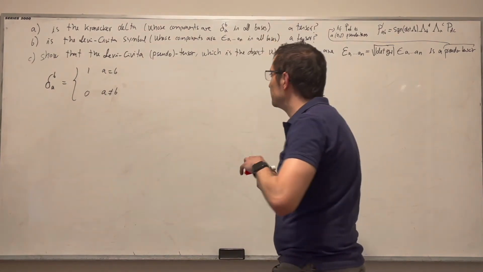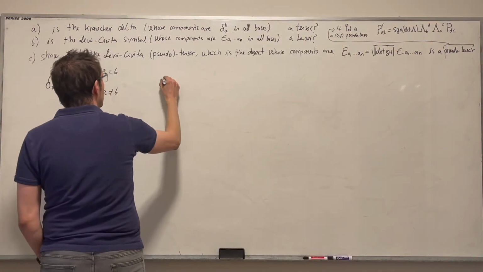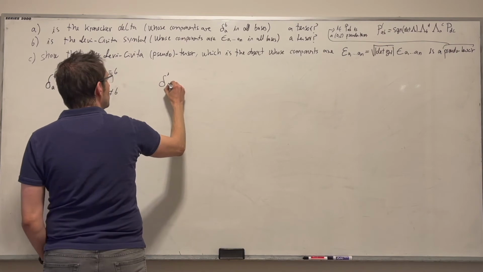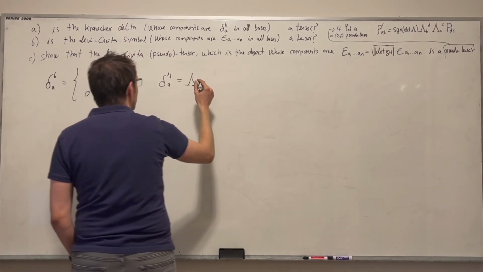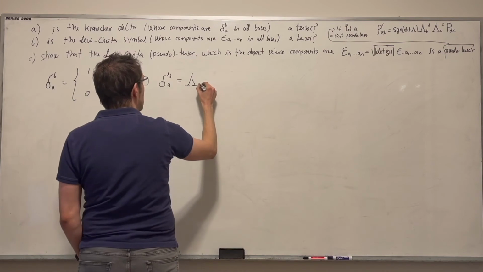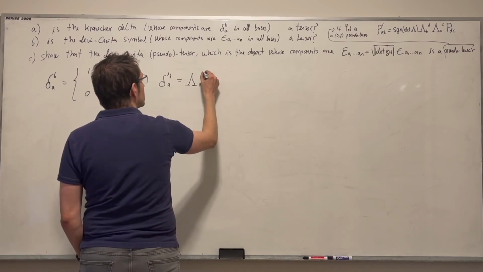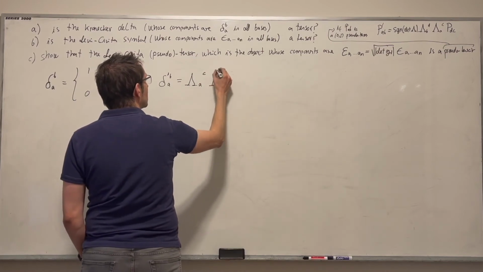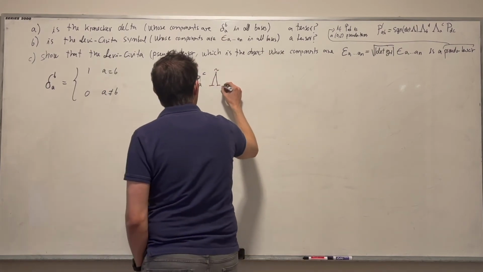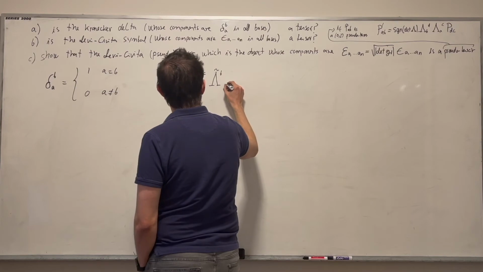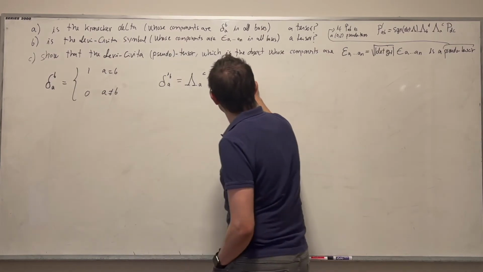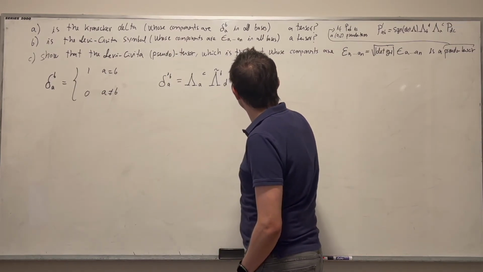Well, let's see. If it were a tensor, then delta prime AB should be equal to lambda, as I wrote before, with an A down and a C here, and a lambda tilde, and then a B here and a D here, okay? And then delta CD.